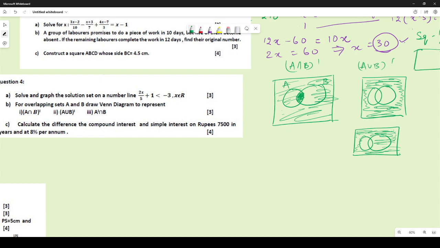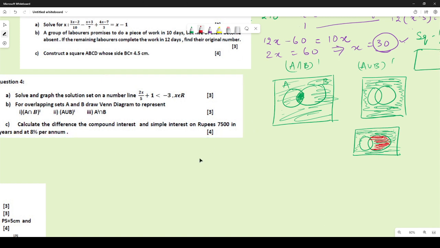So out of this A complement and B complement, what is the part that is left over here when you find out the B complement from this part? So this is the area which you are not supposed to shade. So this area will represent A complement intersection B complement. So this is the area which you will shade. Okay, so this represents A complement intersection B complement. Okay, so now that is the Venn diagram.